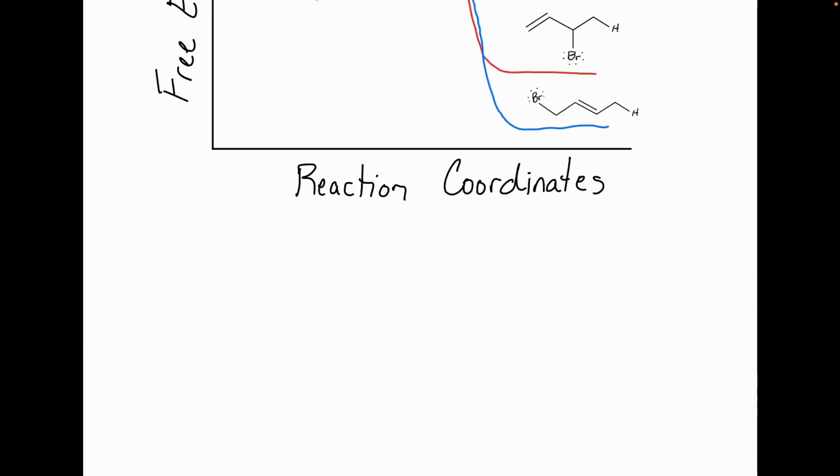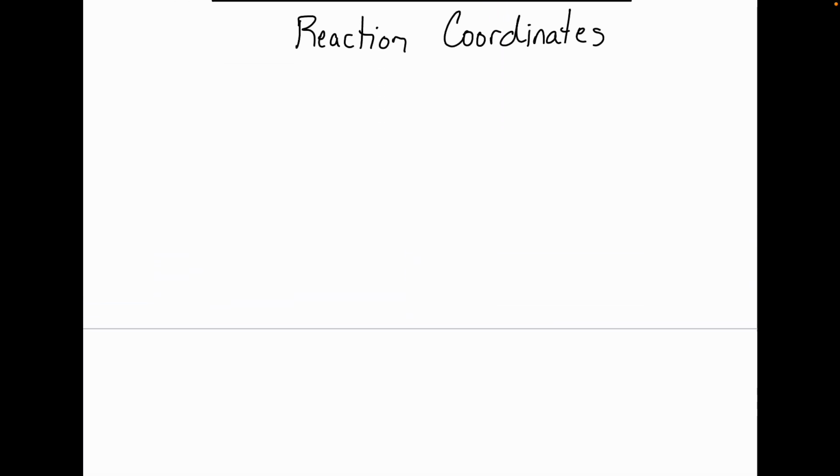This is our first time seeing this, although it won't be our last, all right? So at low temperatures, and I'm just going to call it low temperatures, but just to give you a ballpark idea of what that means, these reactions can be carried out as low as negative 80 degrees Celsius, okay?